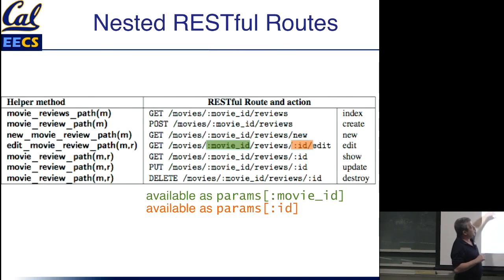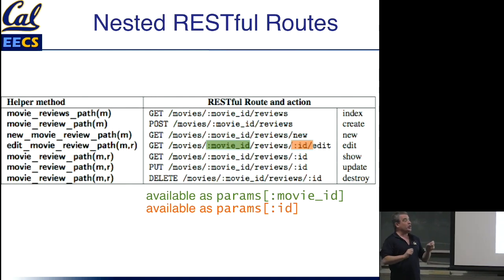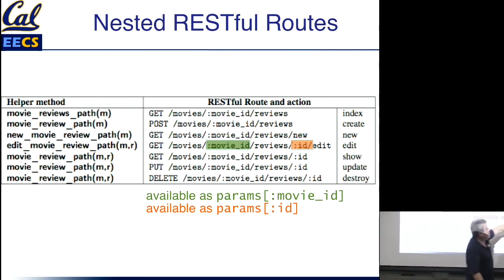So that also means that when you generate these paths, you're no longer just saying, I need the path for a new review. It's the path for a new review that would belong to a certain movie. So the syntax of the routes is very similar to what you've seen, but in addition to the ID of the primary resource, the route can also now include the ID of the owning resource. You do not have to do it this way.